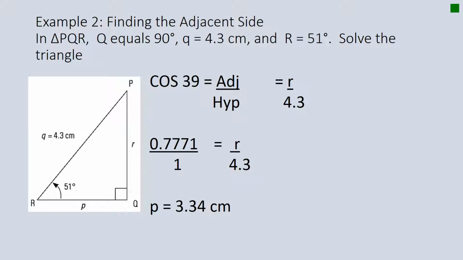I decided to practice using more cosine. So this is the 39 I have here. So I set it up as my adjacent side, r, which I don't know, over my 4.3. Cos of 39 is 0.7771. Cross multiply, I get r is equal to 3.34.